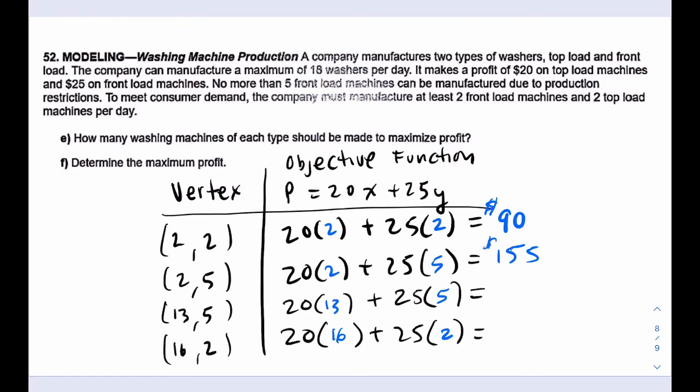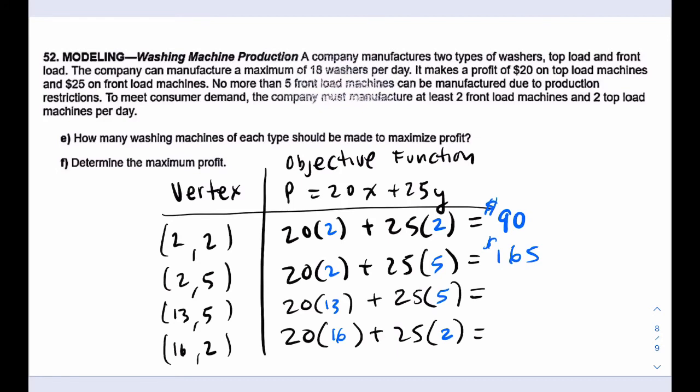I'm just checking in my head. 125 and 40. No, that's 165. See? I had to check it a second way. 40 and 20. Yes. And then next we have, I'm going to do 260. Oh, no. So 2 times 13 is 26.